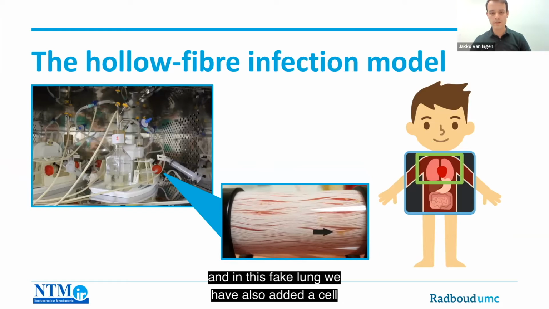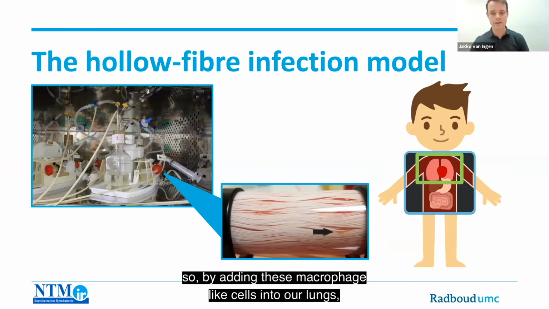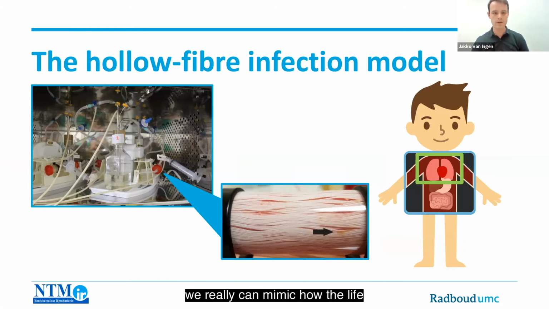In this fake lung, we have also added a cell that looks a bit like a macrophage, because NTMs, these bacteria, go inside macrophages. By adding these macrophage-like cells into our lungs, we can really mimic how life for the bacteria is inside the human body and inside the lung.